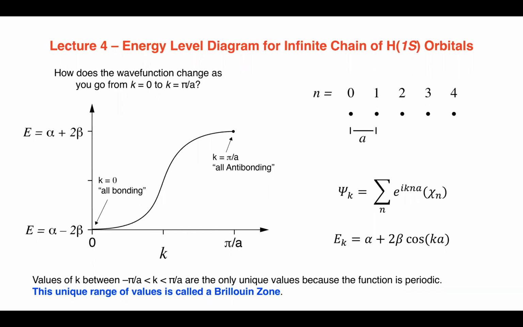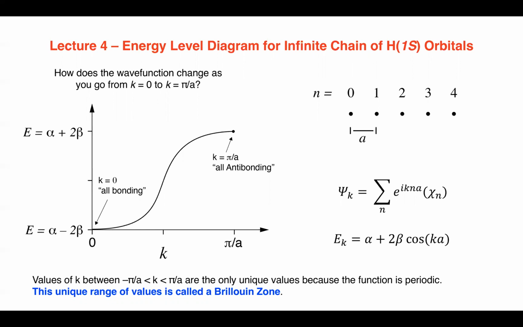Okay, so as you traverse the various values of k from 0 to pi over a, the energy of this function varies like cosine. Now, what you'll find is that the only values that are actually unique in this are minus pi over a to pi over a. If you go beyond that to a higher value, let's say 4 pi over a, you end up just cycling back, and it just oscillates.